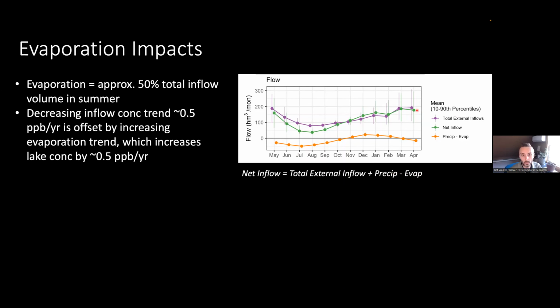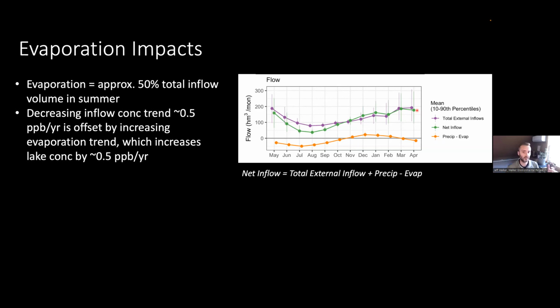We're then able to calculate that the decreasing inflow concentration trend, about 0.5 part per billion per year, is offset almost exactly by the increasing evaporation trend. If you calculate the change in lake concentration due to increasing evaporation over time, which is again small but significant, that greater loss of water is enough to increase the lake concentration by about 0.5 part per billion.